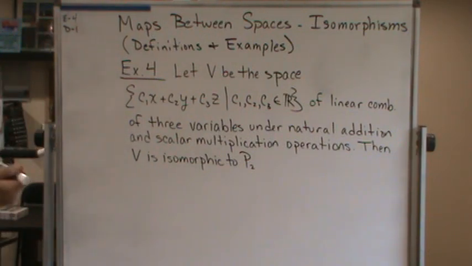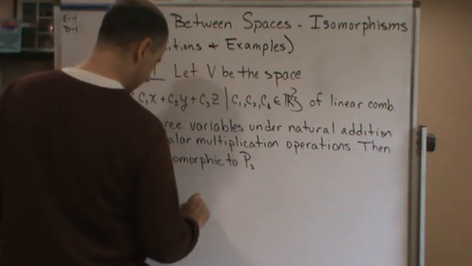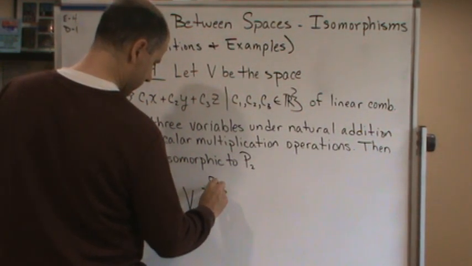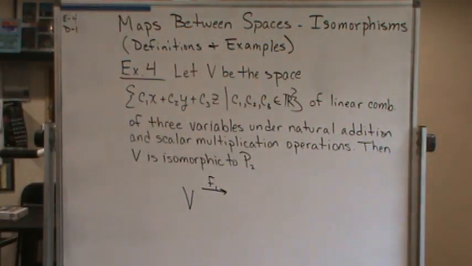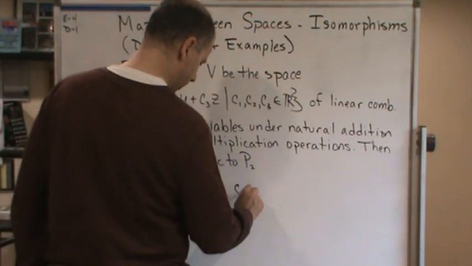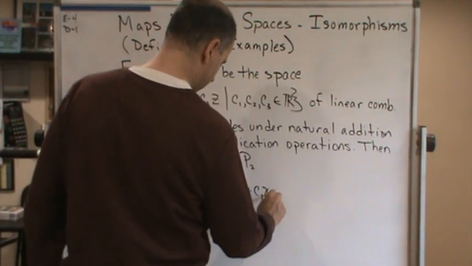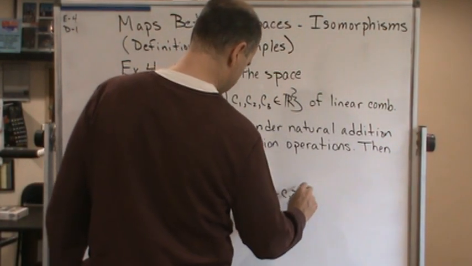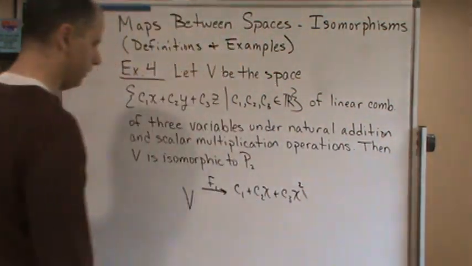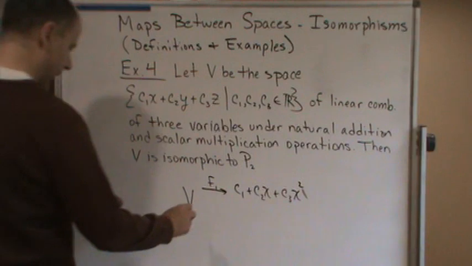So, for example, we could have just the natural mapping, which would be C1 plus C2x plus C3x, oops, not cubed, squared.